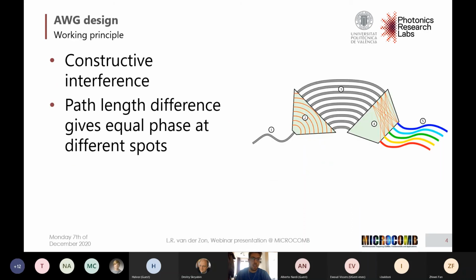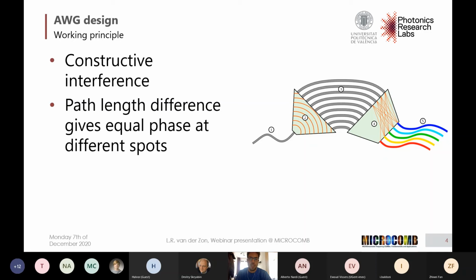First, the AWG. I will guide you through the working principle. Light gets sent in at one input into a slab coupler. Then this light is broadened and sent into the array of waveguides. In the second slab coupler, constructive interference will happen at different output ports because the path lengths of the array of waveguides are different.